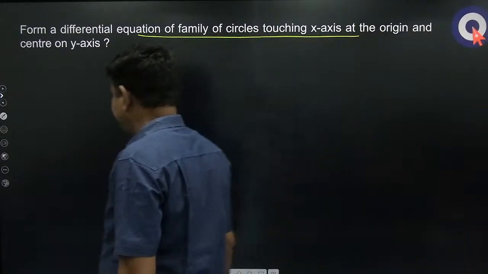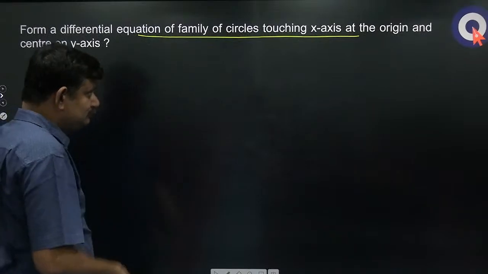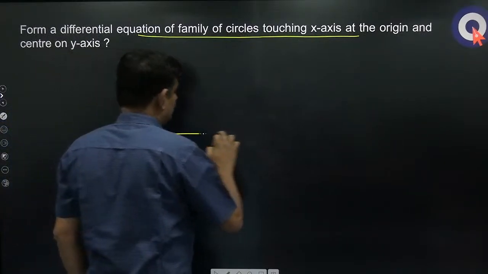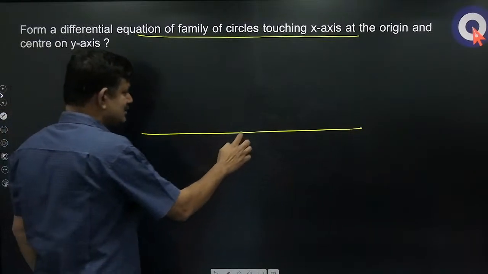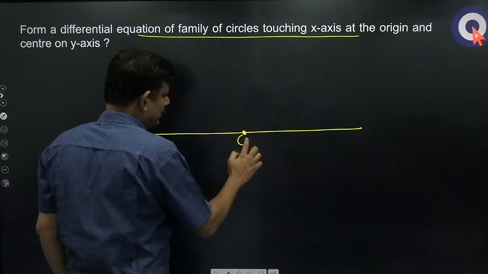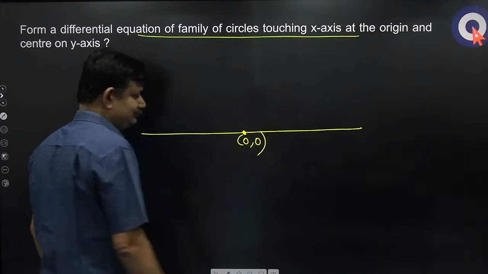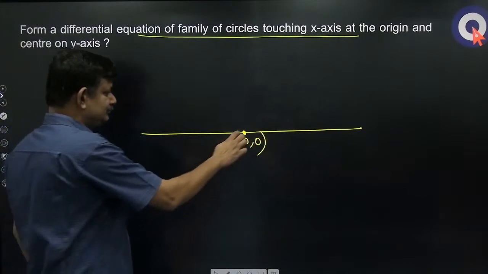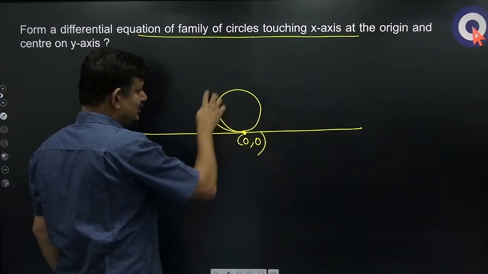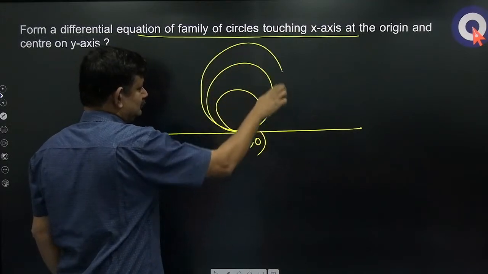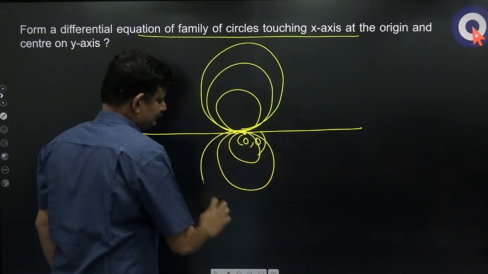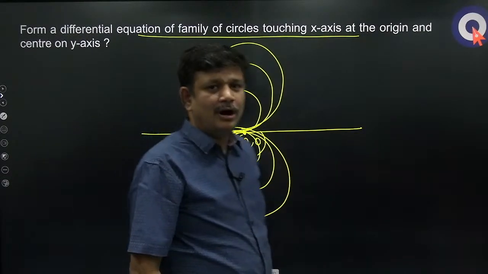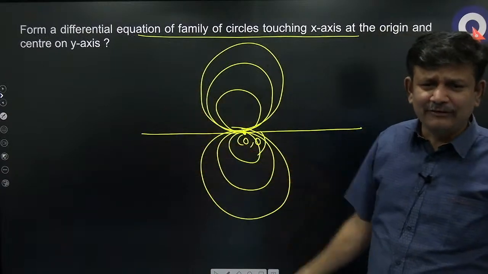This question is a slightly strange question. If a circle is touching x-axis at origin, how will the circle be? Maybe somewhat this way. Is there any other possibility? Now all these circles will automatically have center on y-axis.